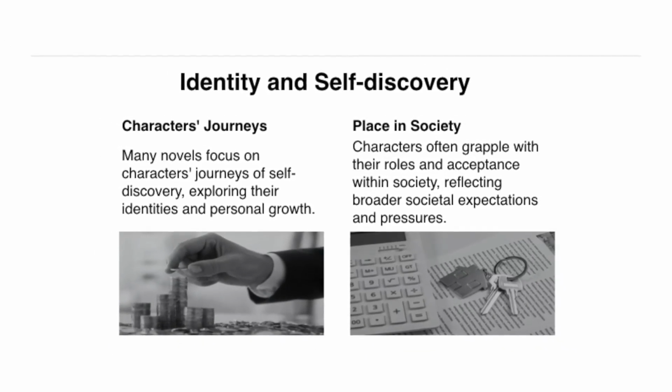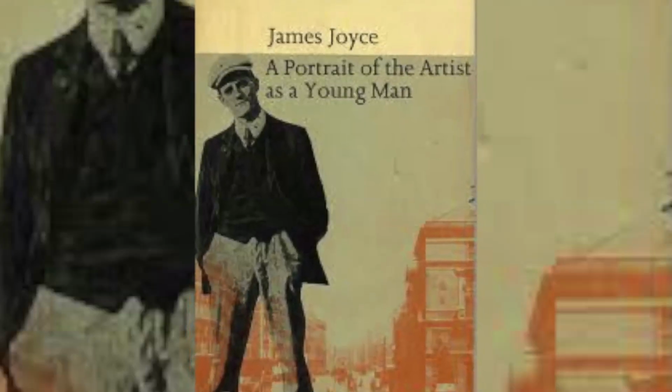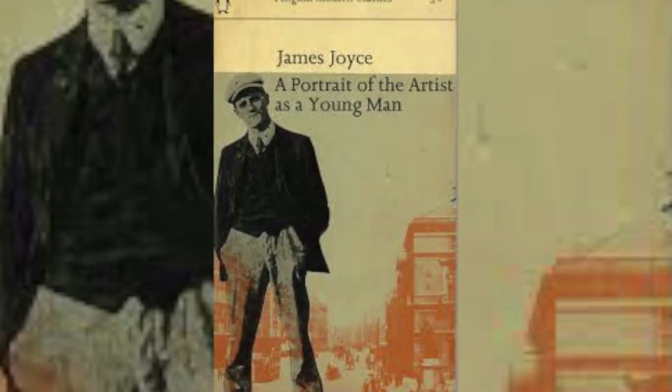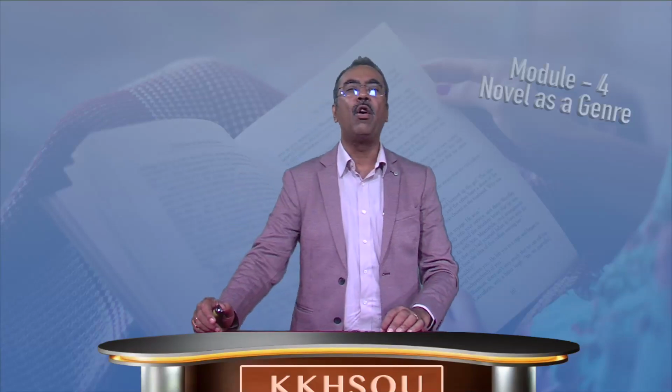There was a modern novelist called James Joyce, and in one of his early novels, he talks about the discovery, the process of self-discovery, coming to know the person and the person's self-realization. A Portrait of the Artist as a Young Man. In that novel, we see how gradually there is discovery. Who is the character?